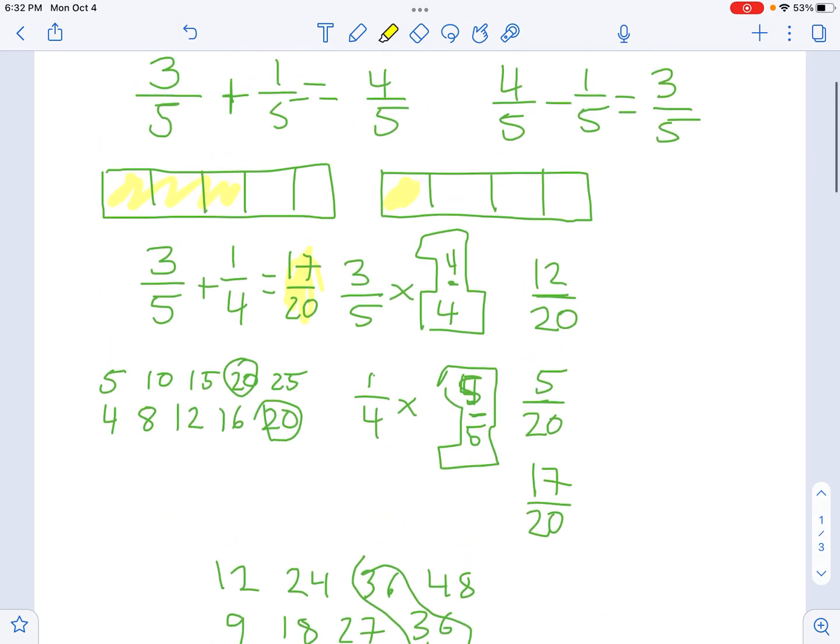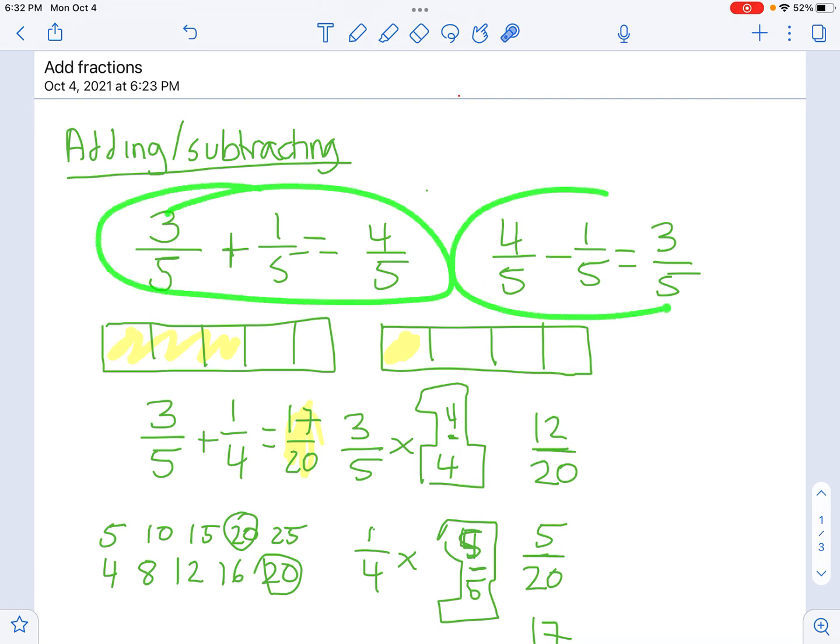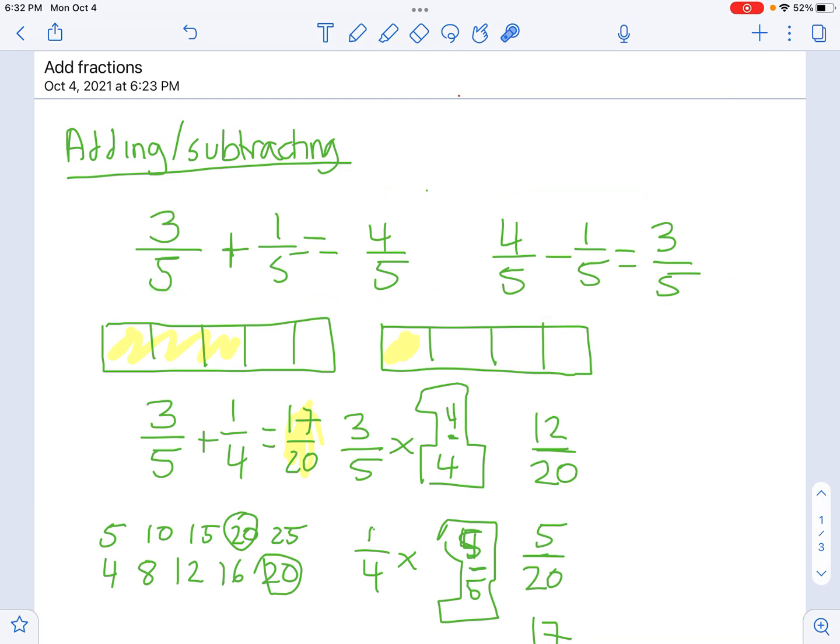So again, just to summarize, you can add fractions when their denominators are the same. You can subtract when the denominators are the same. If they're not the same, you have to make them the same by multiplying to get to some common denominator.